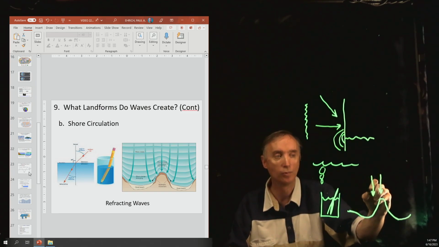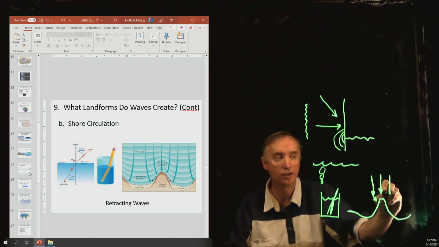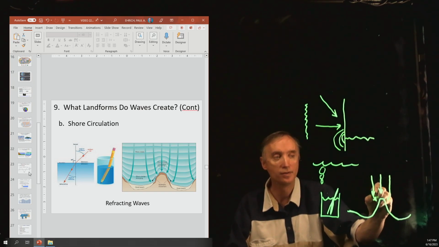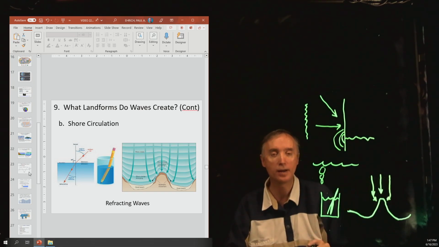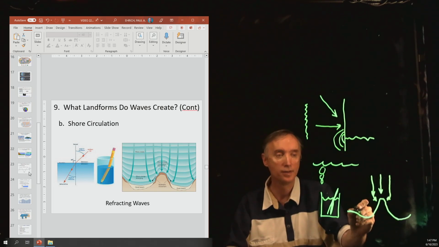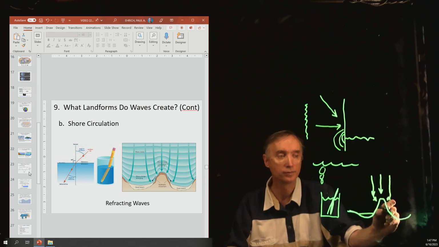So as the water is getting shallower, this wave is being bent in this direction. And then this wave over here, as it gets shallower, is being bent in this direction. So that means that this point right here is going to get pounded on more than this part right here.